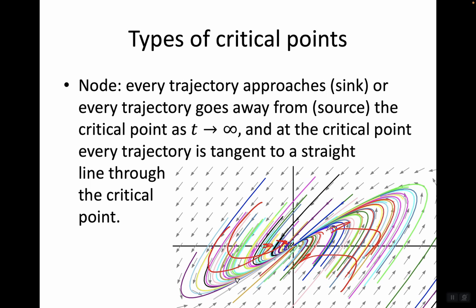If they went away from it, then the critical point would be called a source. This is a sink. And notice that at the critical point, every trajectory is tangent to a straight line through the critical point. So all of these trajectories are tangent to that line going through the critical point. For instance, this one zips around, is tangent. This one zips around, is also tangent to that line.